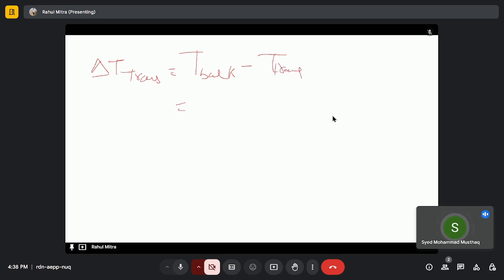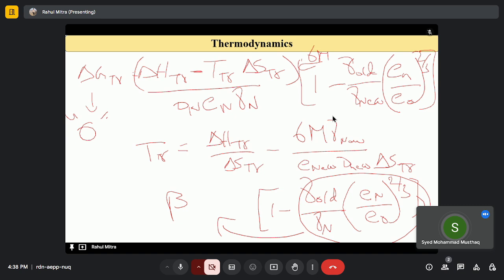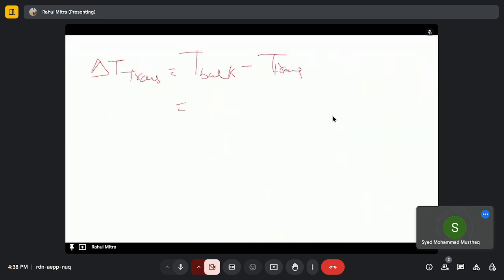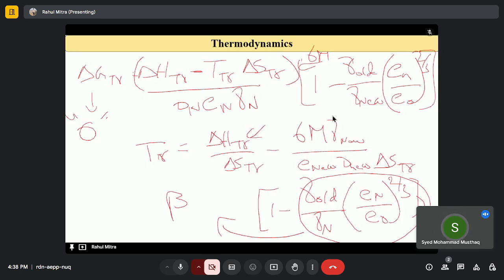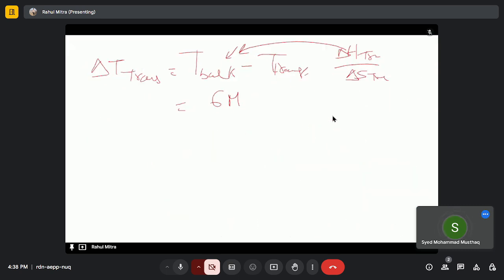Upon doing the simple calculation, we have T transition and we have T bulk. Then doing the subtraction will turn out to be 6m, because the T bulk is equal to delta H transition by delta S transition. In T transition we have the first term, this guy, so this one and this one get cancelled.